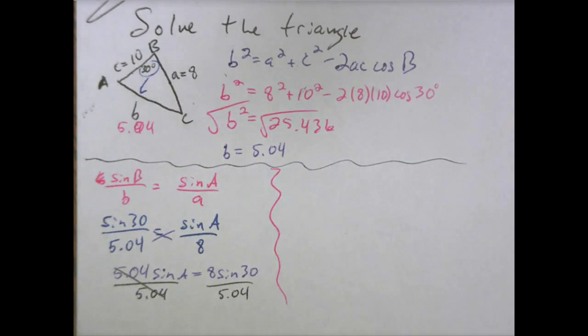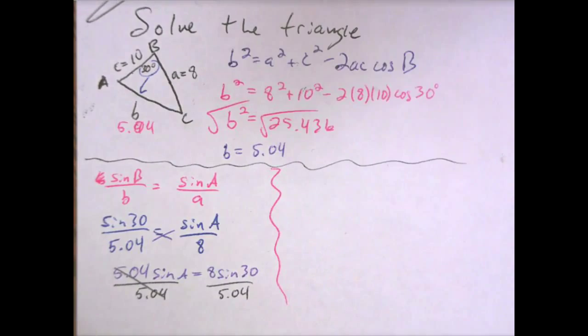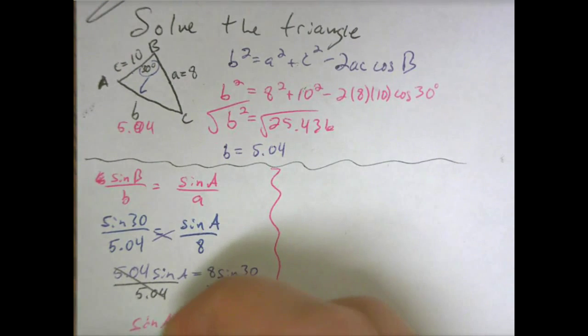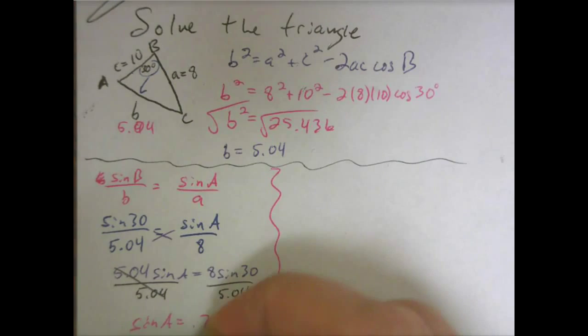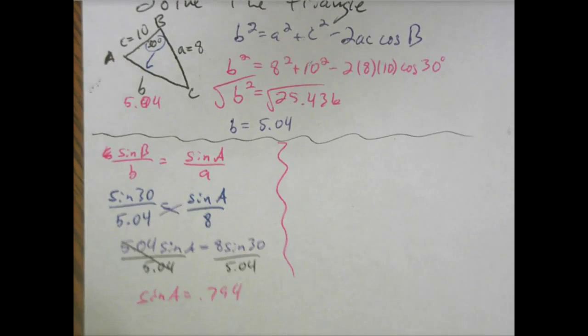Now if you type that in your calculator, 8 sine 30 divided by 5.04, we come out with a decimal answer. Don't forget that means that sine A is that decimal, 0.794. And remember, to find an angle, you have to use an inverse trig function.